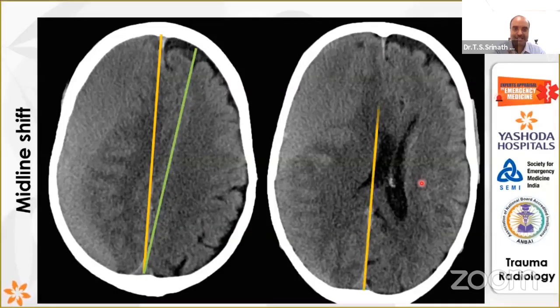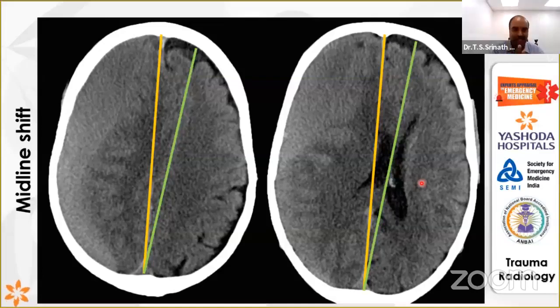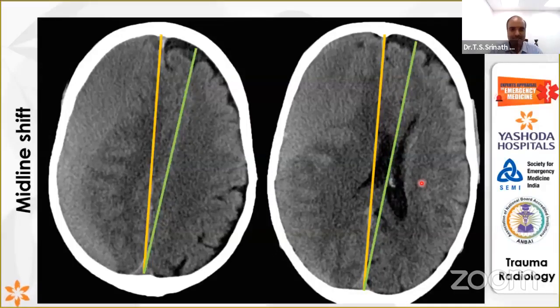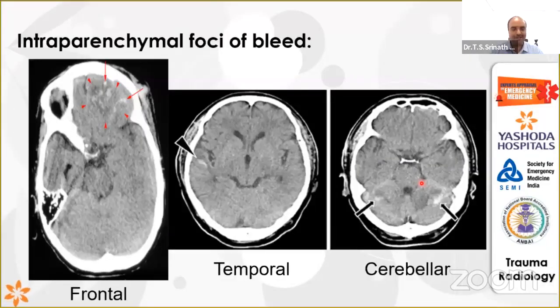So CT is always the first choice of imaging for any kind of head injury. We all know that. But decision making is important. The Canadian CT rule, especially for children with head injury, is the best way. Whenever the patient has normal mental status, no scalp hematoma, no loss of consciousness, no non-severe head injury mechanisms, no palpable skull fractures, normal behavior, you can always wait.